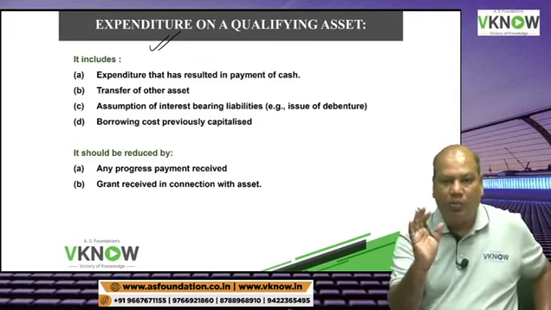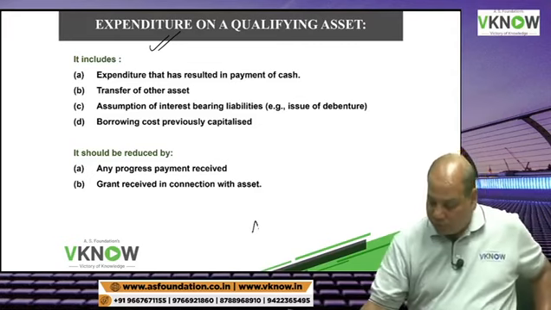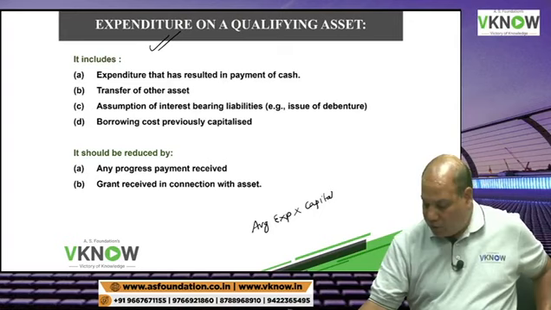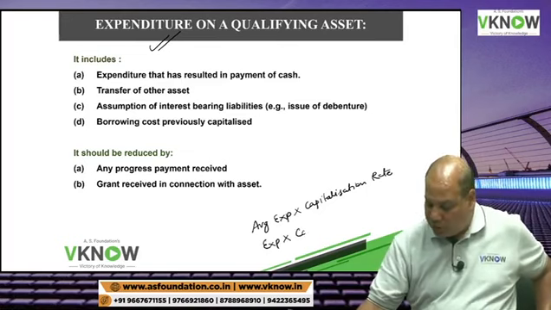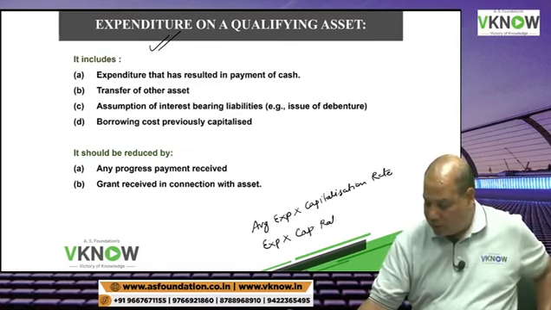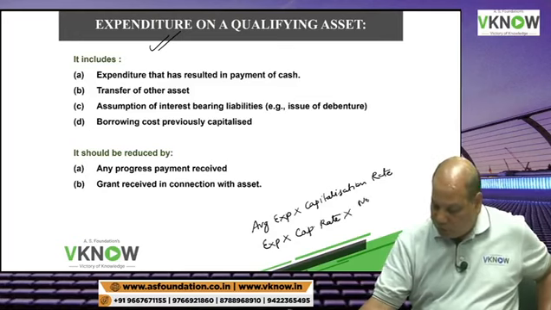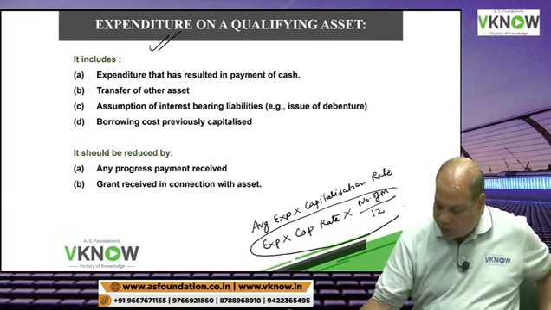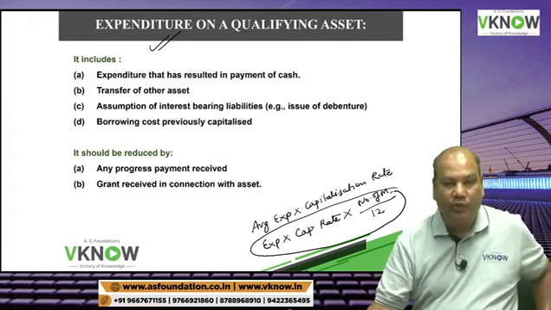Because we have solved about 6 or 7 questions, you have multiplied average expenditure into capitalization rate. This is the formula you have used, or expenditure into capitalization rate into number of months divided by 12. Either of the two formulas you can use, both are same.